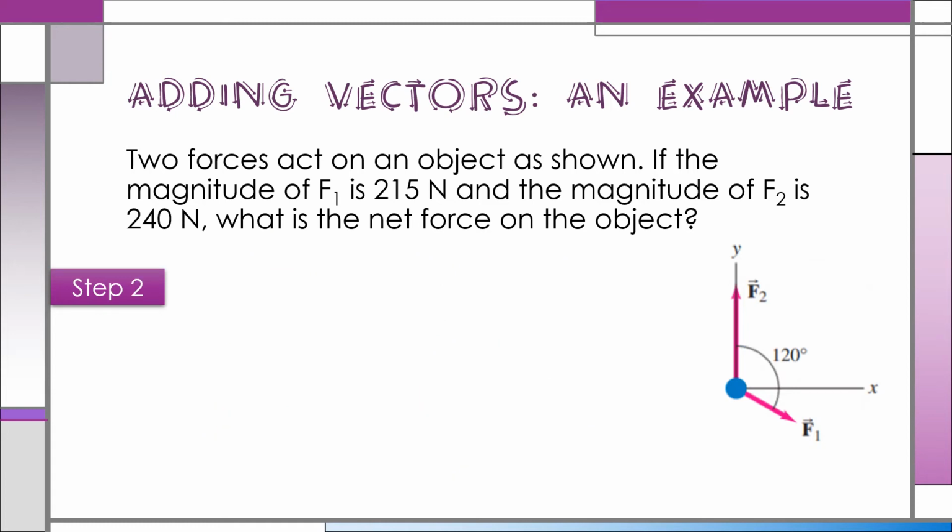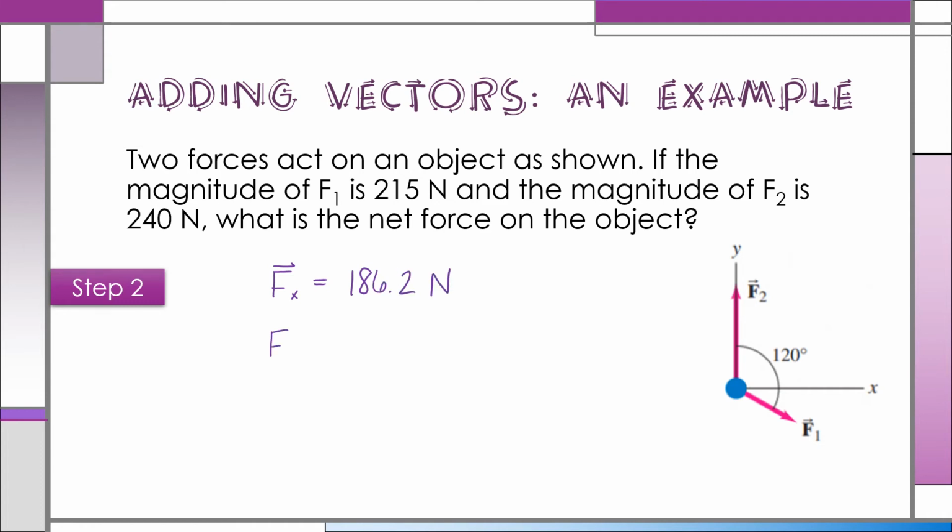And then in step 2, we're going to add together like components to find an overall x component and an overall y component. Since only one of these two vectors had an x component, the overall x component of my resultant is just the x component of F1, which we said was 186.2 newtons.